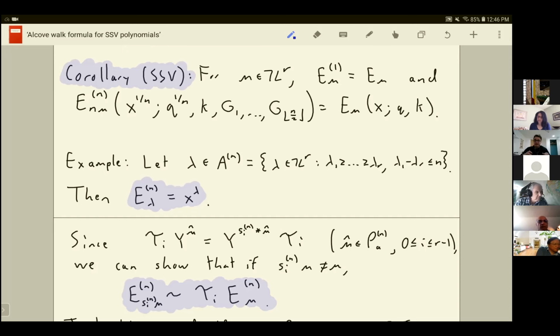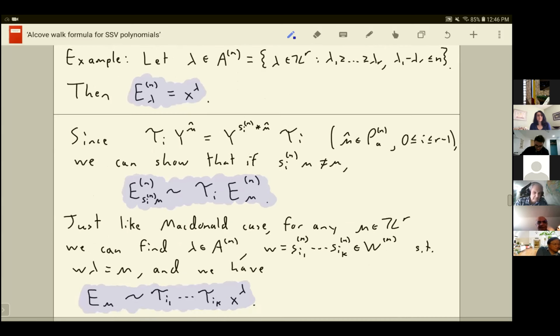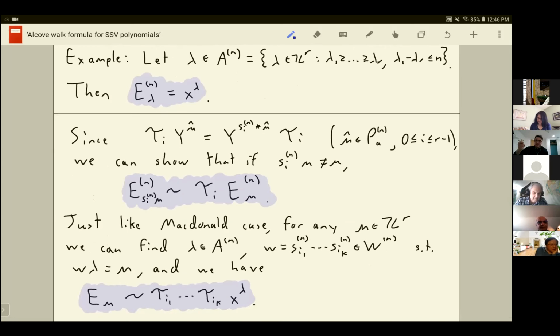So now, starting from the base case, starting from x to the lambda, I can apply some sequence of intertwiners, and I can get any Macdonald polynomial I want. Sorry, any SSV polynomial. Questions on this?